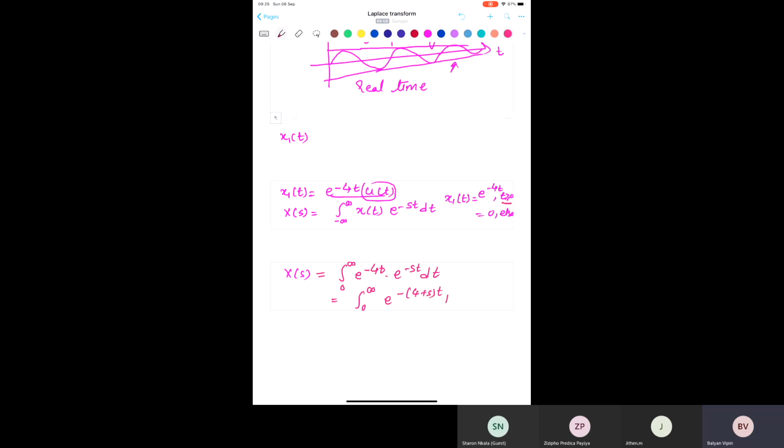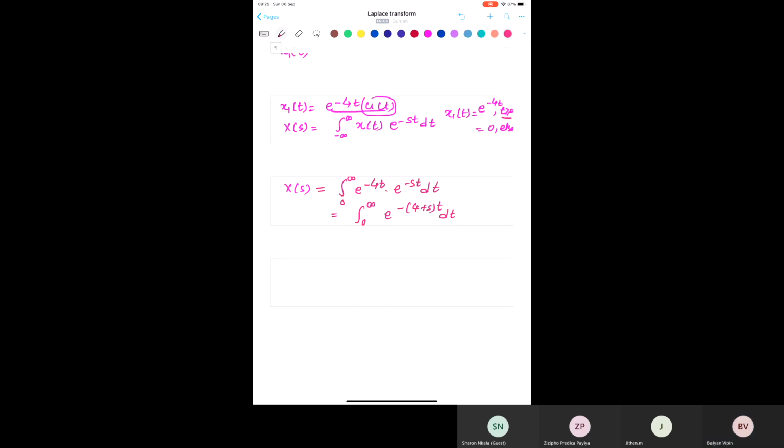If you don't understand something, when I finish writing it, you can ask your question. Now, if you find the integration of this, it will be equal to, from 0 to infinite, when you put the upper limit and lower limit: when you put t equals infinite, the upper limit, this signal will be e raised to the power minus infinite, and e raised to the power minus infinite is 0.